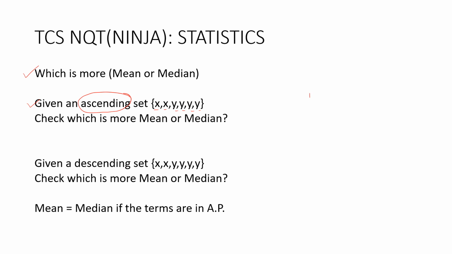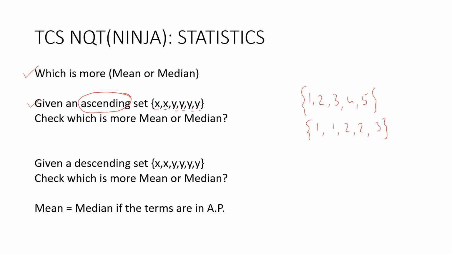If I happen to write my terms like these, this is definitely an ascending set because the next term is more than the previous term. But if I happen to write my set like this as well, will it be an ascending set still?